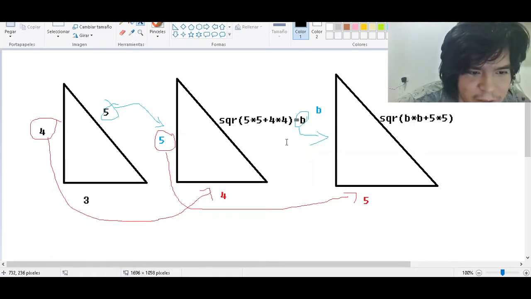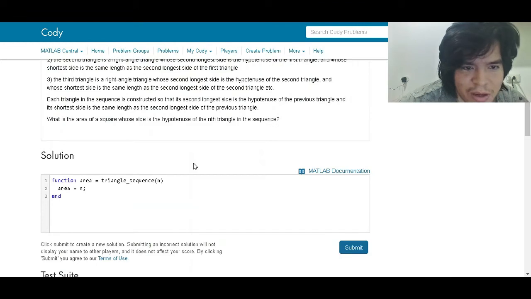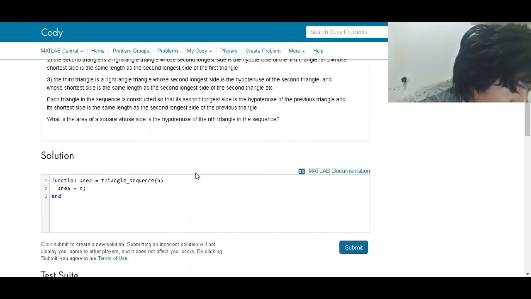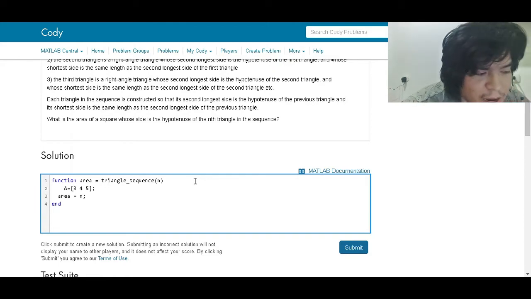So we are going to construct this, and we are going to make it in an organized way with matrices. So let's say we have A, and we're going to say that A has 3 columns. The first column will have the shortest side of the triangle.